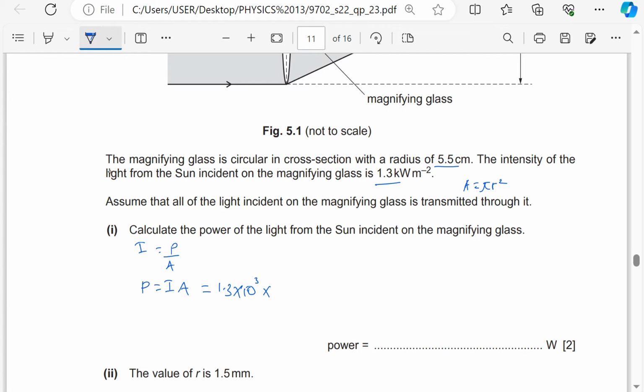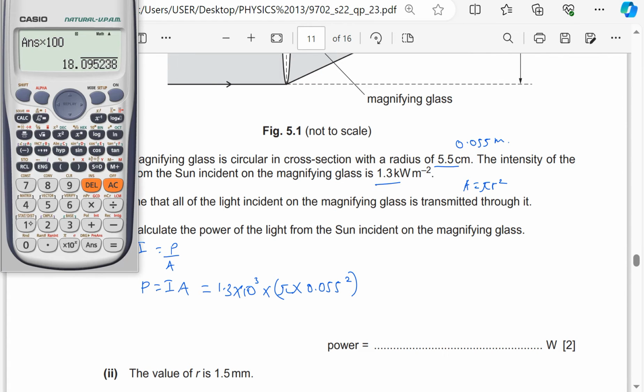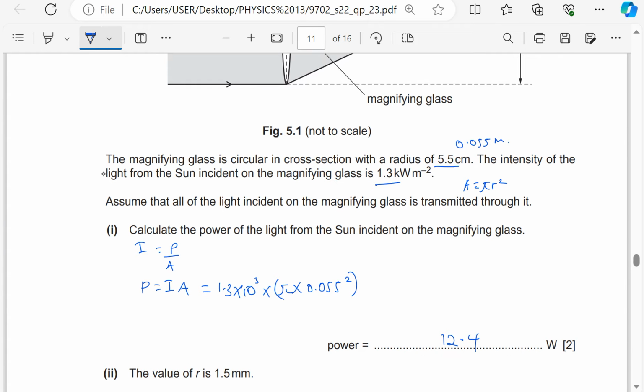So this is pi times 0.055 squared, because this is 0.055 in meters. So we have 1.3 times 10 to the 3 times pi times 0.055 squared. This is giving me 12.3 or 12.4. So the power is 12.4.